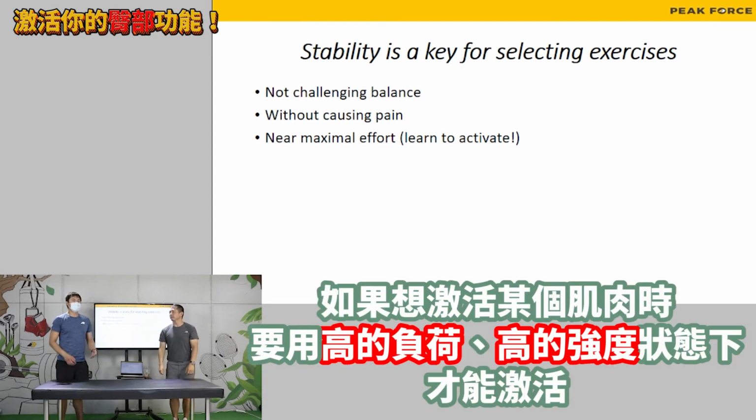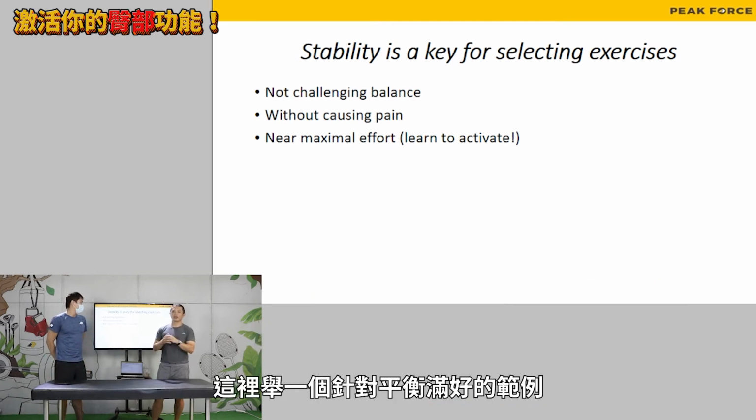So I'll give you one kind of good example for this kind of case for the balance.